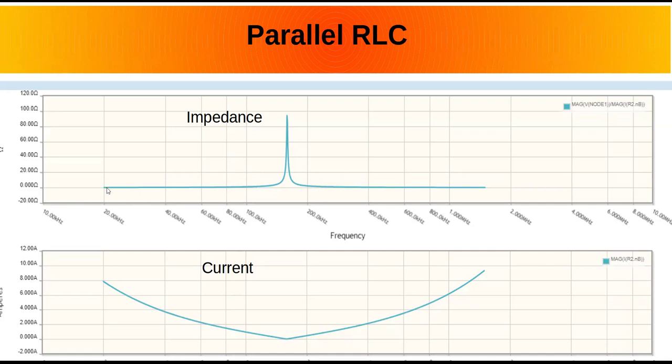Well, actually, it's going to be 1 ohm, and go up to a peak at resonance. You're going to see the current dropping. It's going to behave just the opposite of a series circuit, where a series circuit goes low at resonance, a parallel circuit goes high at resonance.